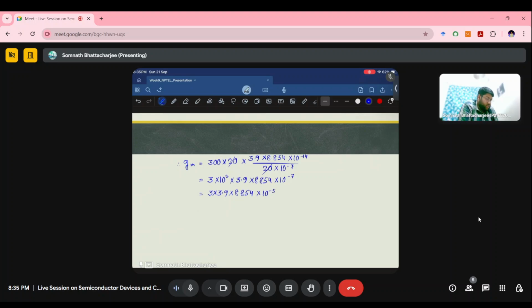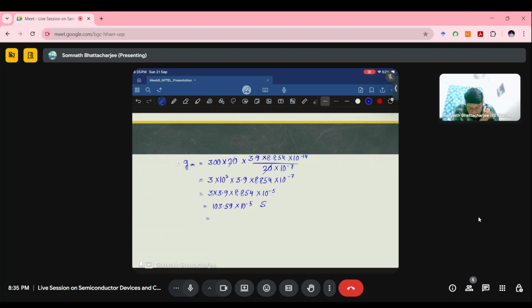Let's put the values in the calculator: 3 multiplied by 3.9 multiplied with 8.854. So this is nothing but 103.59 multiplied with 10 to the minus 5. This will be in Siemens.